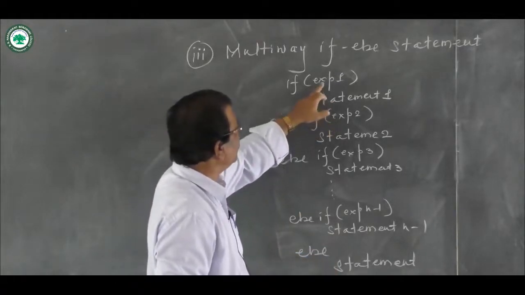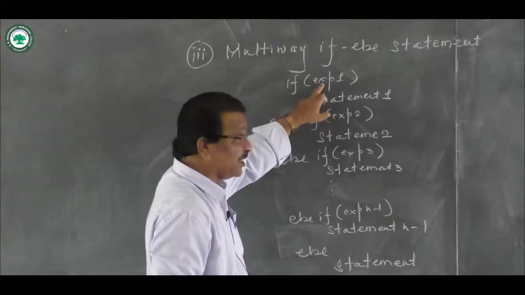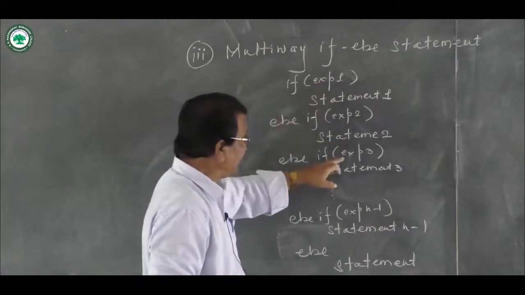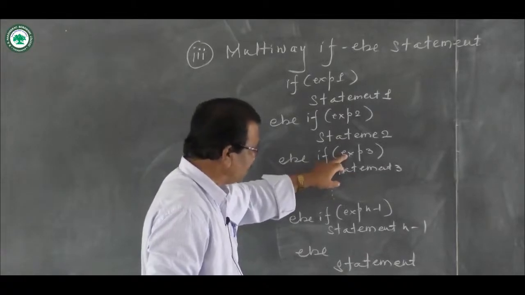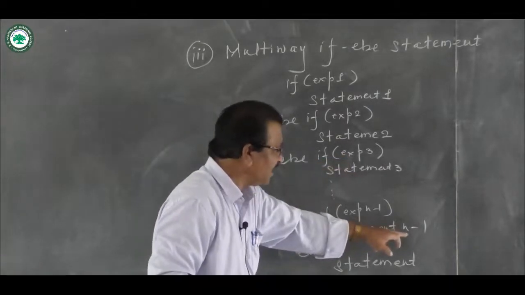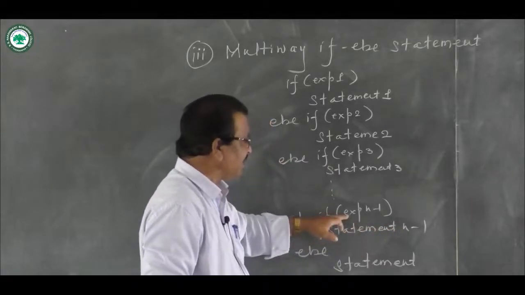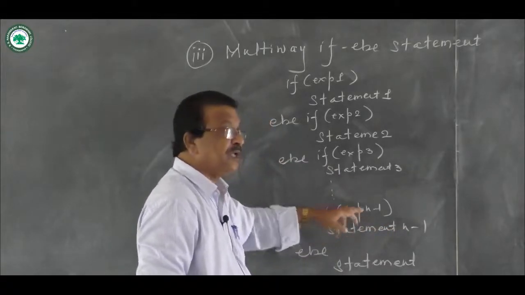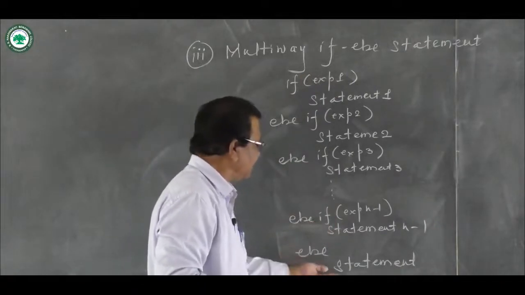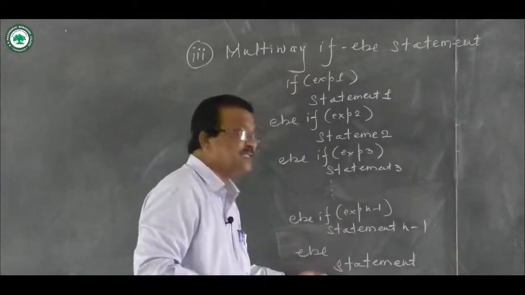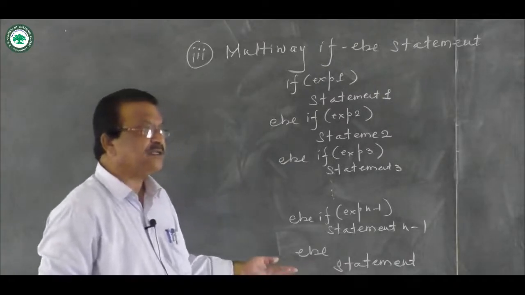Statement 1 will be executed if corresponding expression 1 is true. Statement 3 will be executed if corresponding expression 3 is true, and so on. Statement n minus 1 will be executed if corresponding expression n minus 1 is true. If none of the expressions is true, then the statement associated with the last else block will get executed.